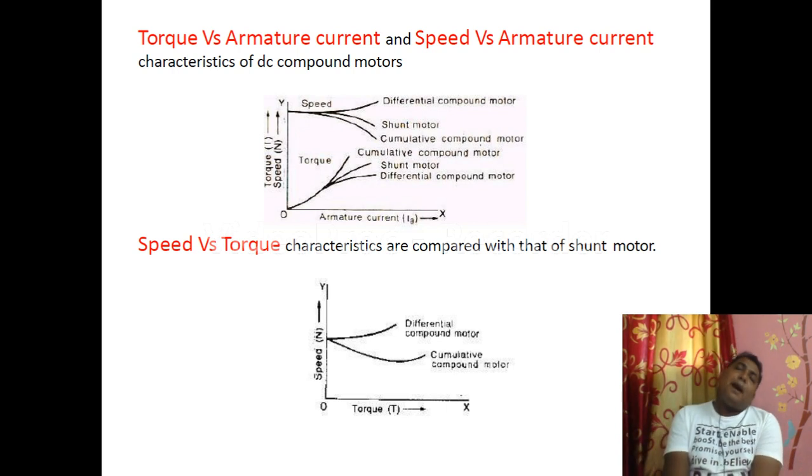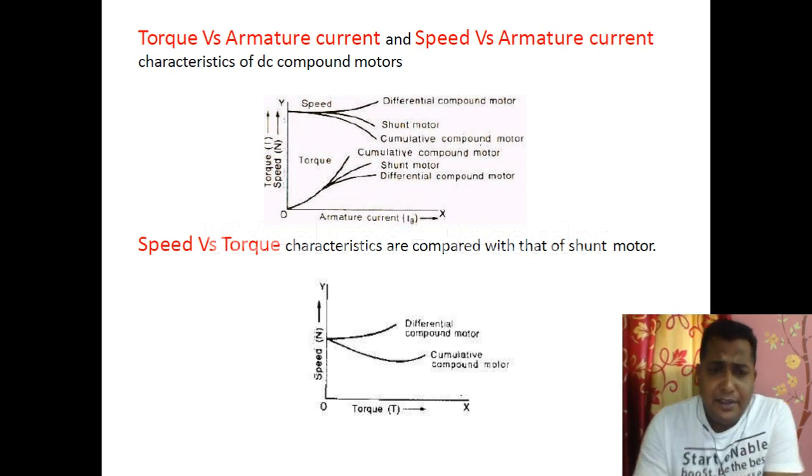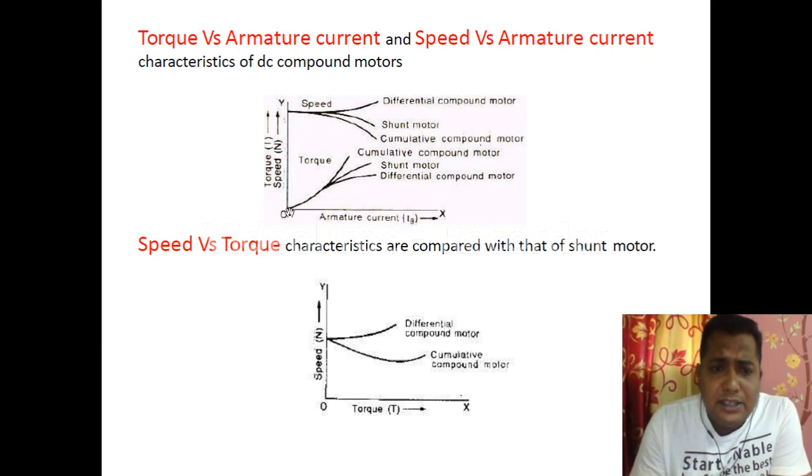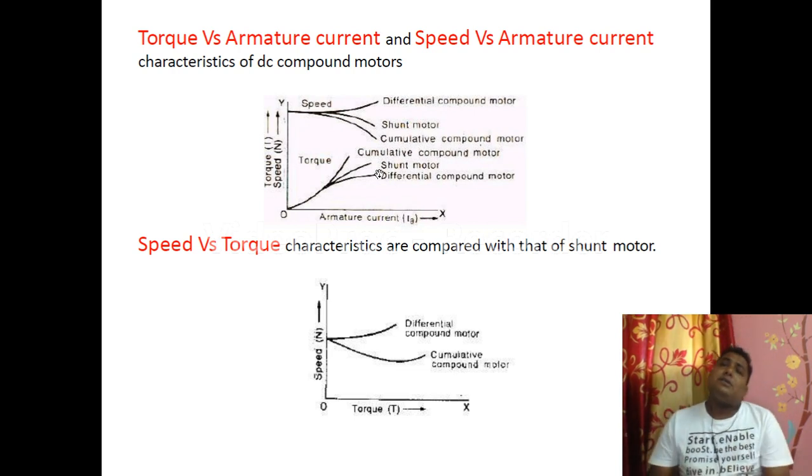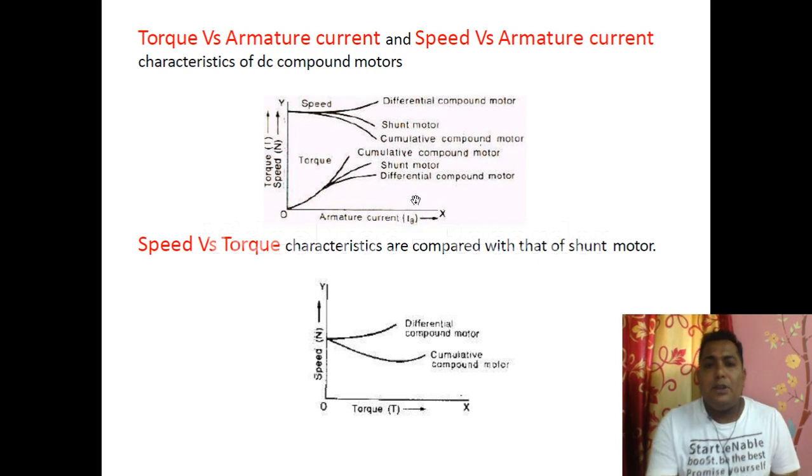The compound characteristic will be in between those. When there is a series and there is a shunt, in between we have the cumulatively compound, and as the differentially compound is opposing each other, it has a lower value. That is in the below section, here it is.